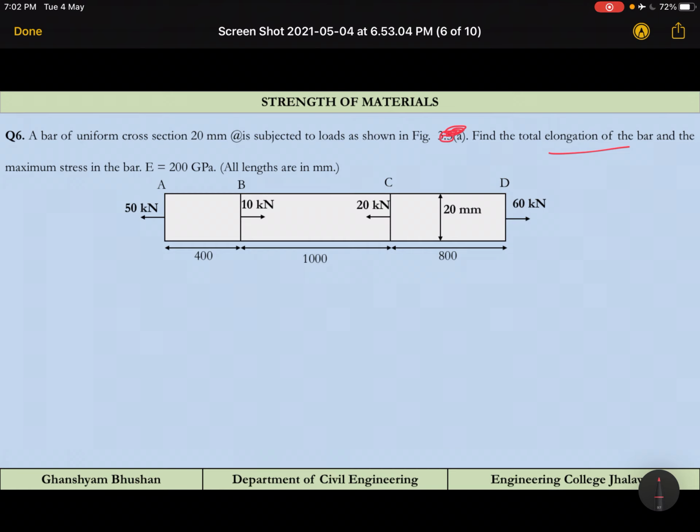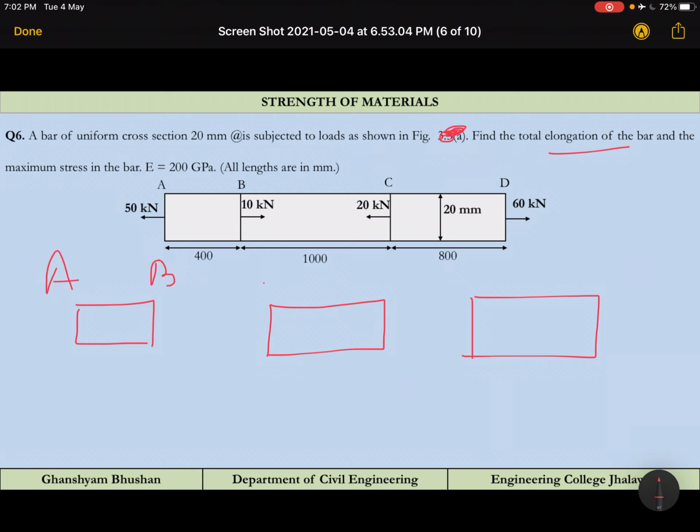There are many approaches to solve this problem. I will discuss both approaches. Basically there are two approaches. First is to draw the free body diagram of each individual bar. So this is AB, BC and CD. Here 50 kilonewton is there, so for equilibrium here also 50 kilonewton will act.